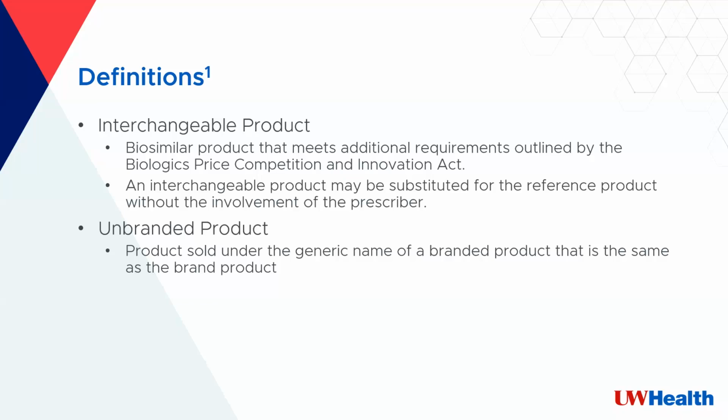It's simply sold under the generic name. A good example of this will be shown later, a Humalog product sold as insulin lispro. So it's the same identical product as Humalog, it's just labeled with the generic or non-branded name. So these products do not need to go through any additional approval as they're the same as the branded product, and they're simply sold under a different name and likely for a different price as well.